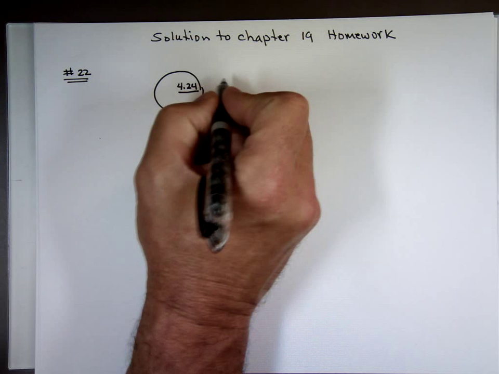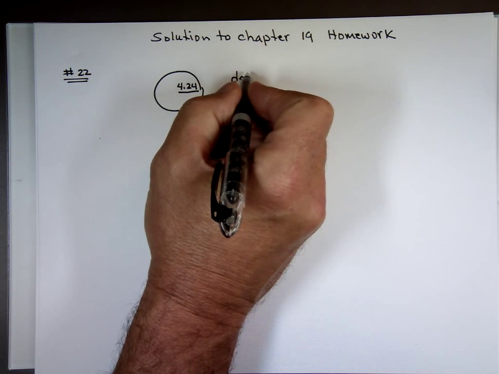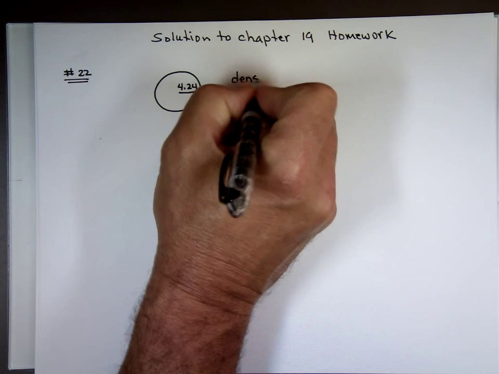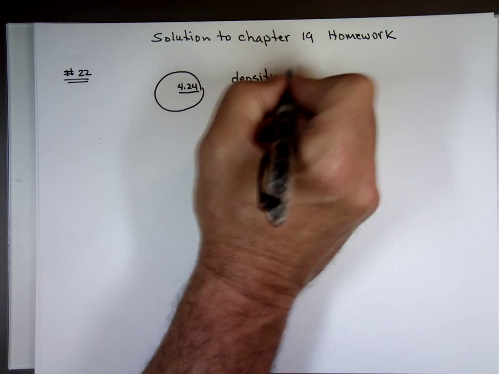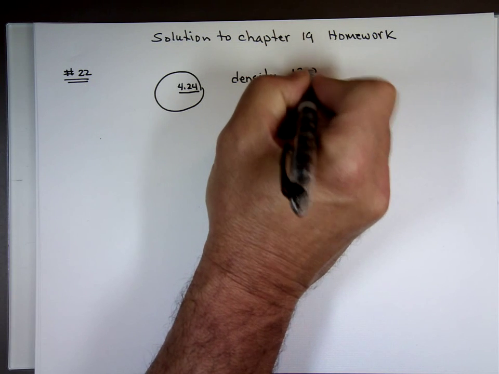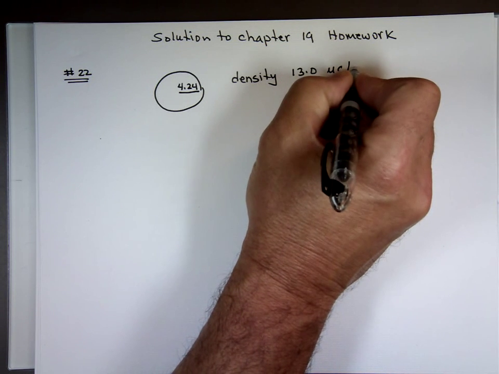Okay, this is the density, not the charge. That's the density? Yep, density of 13.0 microcoulomb per square meter.